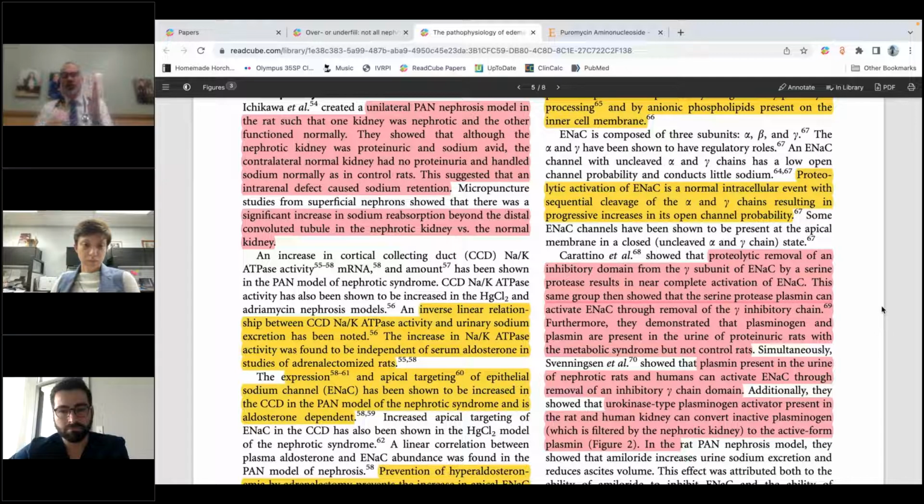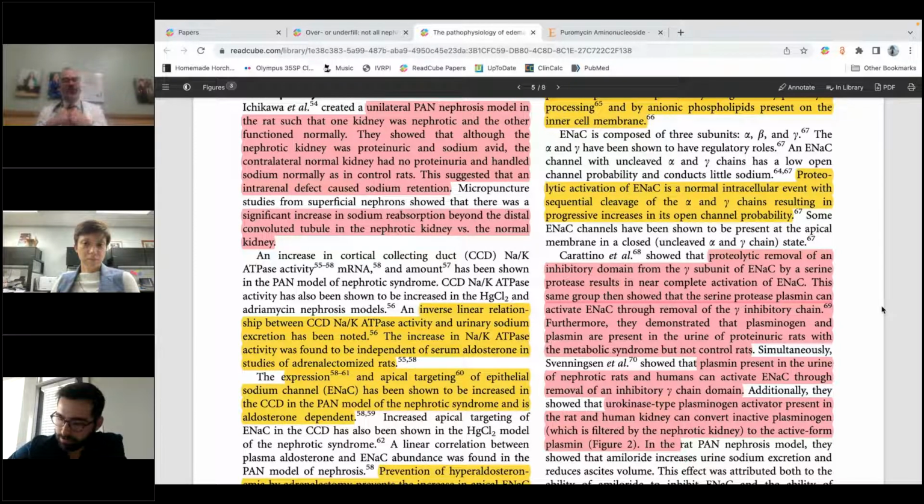And what's been shown is that in the urine of proteinuric rats, we find that there is plasmin and plasminogen. And the plasmin present in that urine can activate those channels by removing that gamma chain, which actually causes it to remain closed.